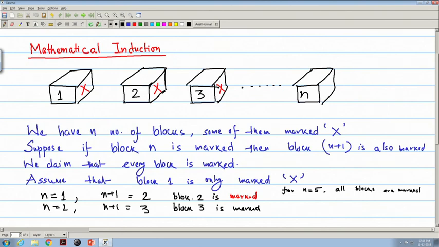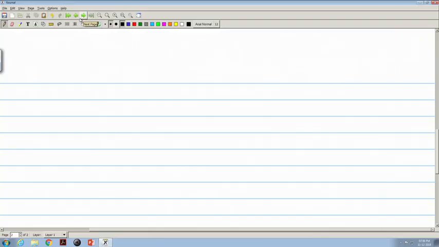Now we use mathematical induction in a more formal way. We first take one simple example of how we use mathematical induction to prove a simple mathematical formula.